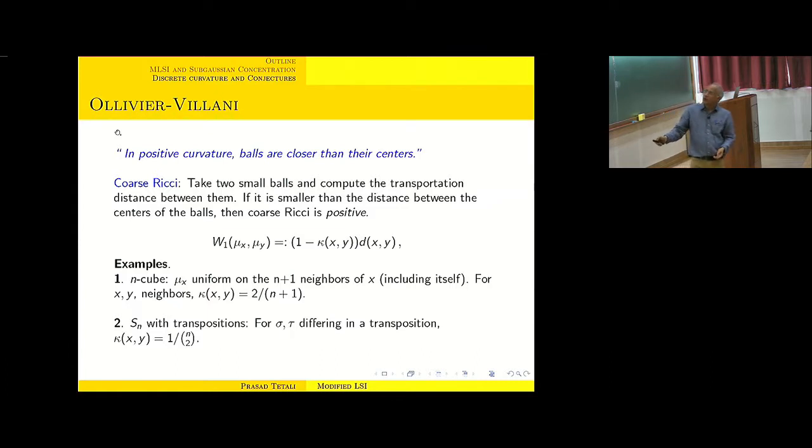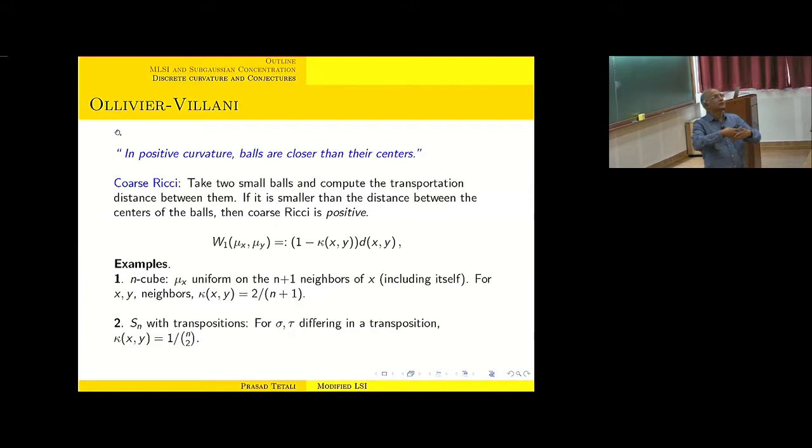Then you have mu x, mu y, where the Markov chain takes x to mu x. Look at the best way to couple them, in other words, the W1 Kantorovich metric between the two. You want to show there's a contraction, because at time 0 you took x and y at distance dxy, let's say point masses. So dxy could be 1 for neighbors, but the distance is up to you.